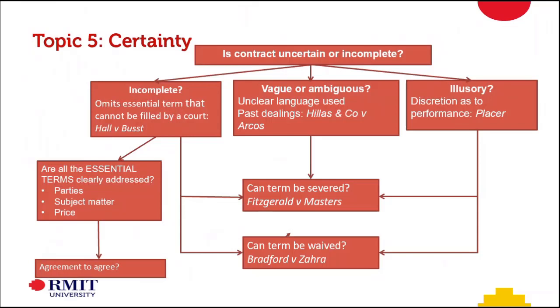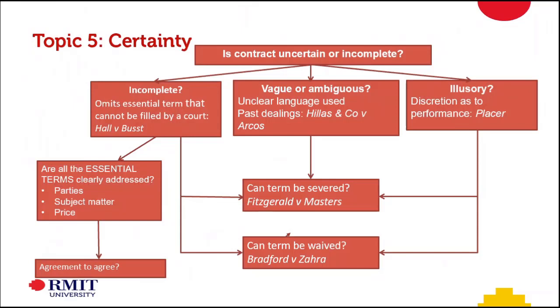And then the next question becomes, well, if it's not sensible, if it's illusory, or if it's just unclear, can the rest of the contract operate without it, or does the whole contract fall aside?